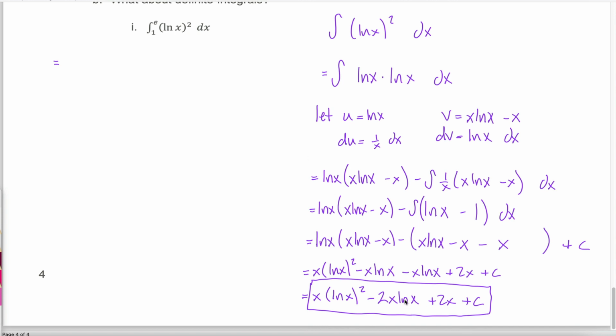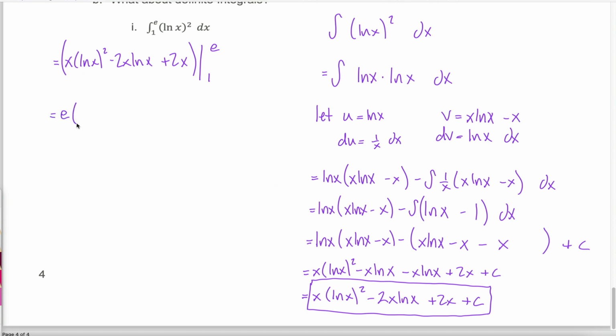So all I got to do is copy this answer, x times the natural log of x squared minus 2x natural log of x plus 2x. I don't have to write the plus c because I'm going to evaluate this thing from 1 to e. Evaluating this from 1 to e just means plug in e's everywhere you see an x.